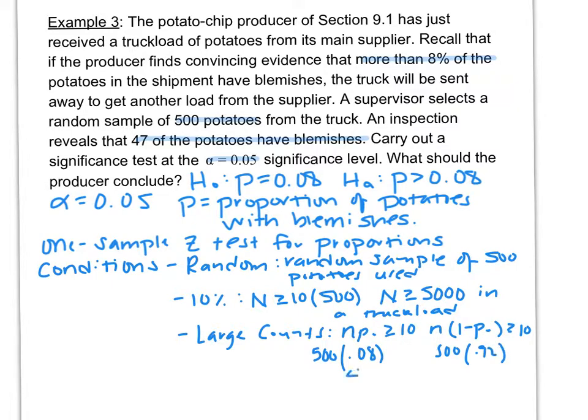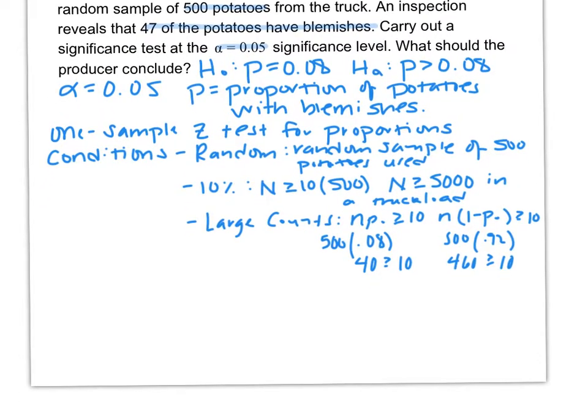All right, so this gives me 40, which is greater than or equal to 10, and 460, also greater than or equal to 10. All right, so my conditions are met. I can go ahead and continue with my test.